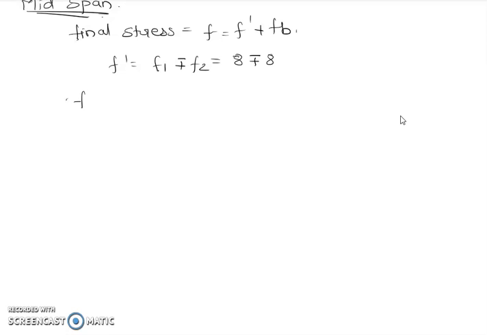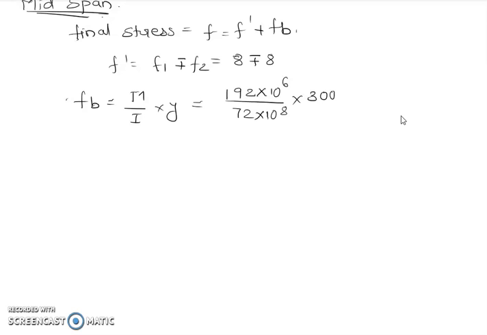Now let us find out what is FB. FB is nothing but M by I into Y, where M is the midspan moment. We have also calculated this in the first numerical. I will just rewrite it: 192 into 10 raised to 6 divided by 72 into 10 raised to 8 into 300.